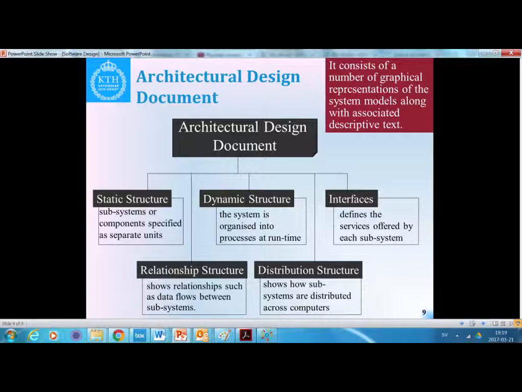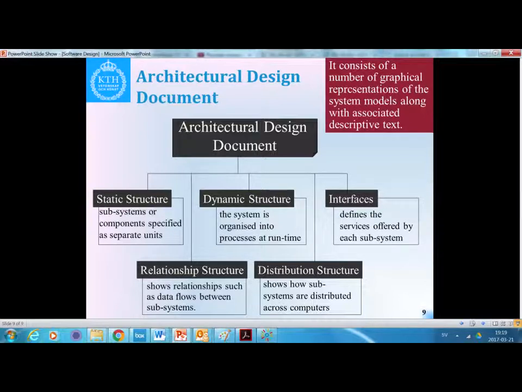So you have to document the static structure, what are the subsystems, what are the components, so you define them. You have to describe the dynamics of the system, how the system is organized into processes in runtime. You have to provide interfaces, define what kind of interfaces there are between the components.